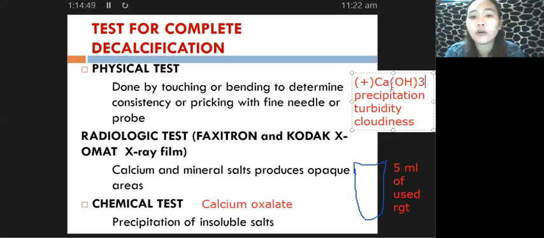This is the one that will cause precipitation, turbidity, or cloudiness after alkalinization.